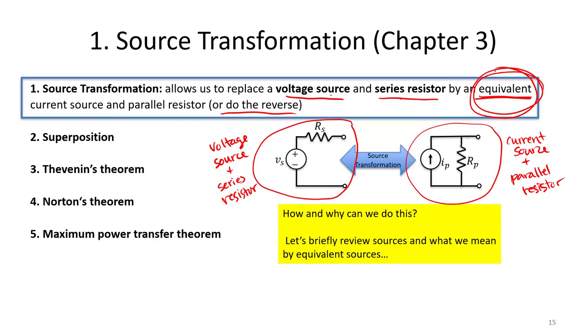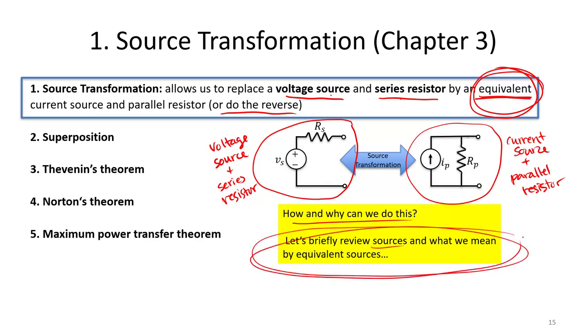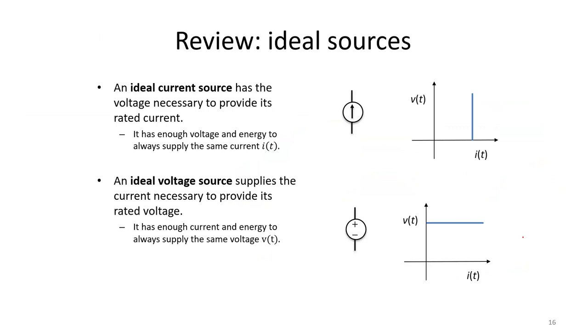So let's go ahead and take a look at, first of all, how and why this is even possible. And let's also look at sources and what it means for sources to be equivalent. Just a bit of review. You may remember we talked about ideal current and voltage sources.